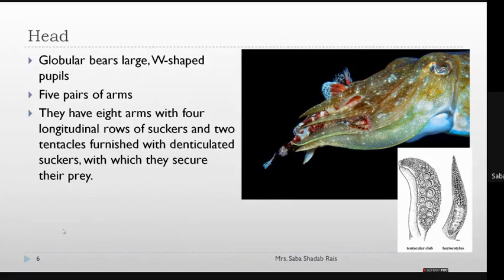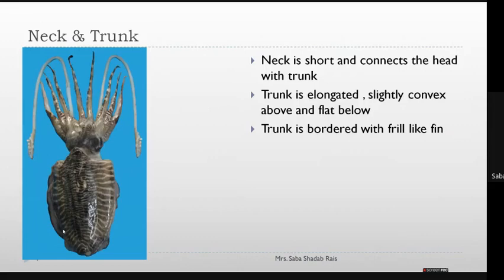Not only this, the fifth pair, the left arm, is also used in the male for reproduction. Now the neck is simply a connecting link between the head and the trunk. The trunk is an elongated and modified part, having a convex surface on the dorsal side, while the ventral side is flat.